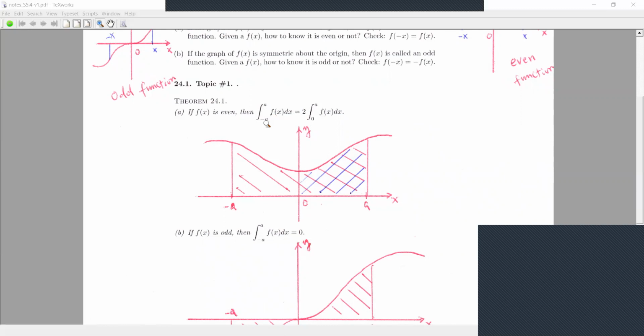Integral from negative a to a is the net area of the region between negative a and a, and between the graph of the function and x-axis. Integral from 0 to a is the net area of the region between 0 and a and between the graph of the function and x-axis.